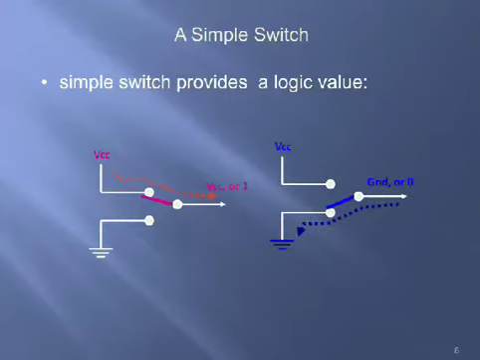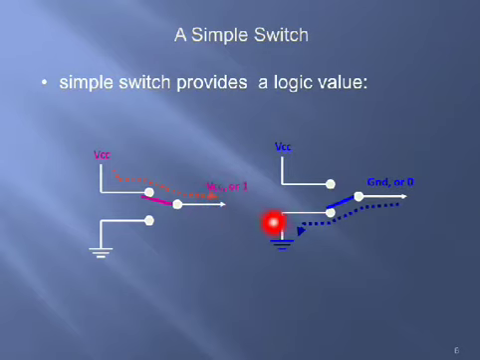If you observe the two switches available here, to the two switches I am connecting VCC to one pole and ground to another one. In the first switch, this pole is connected to VCC, so that you are drawing VCC to the output. So here the logic 1 is available.